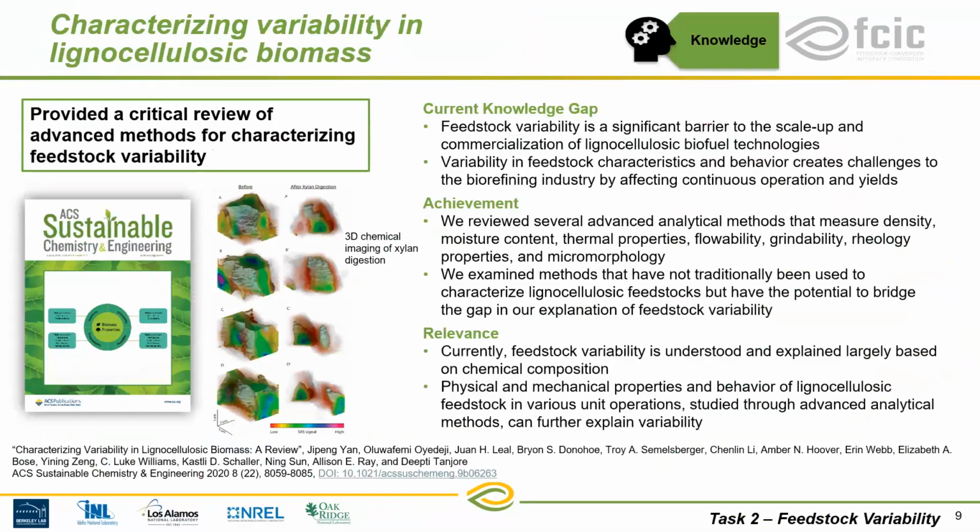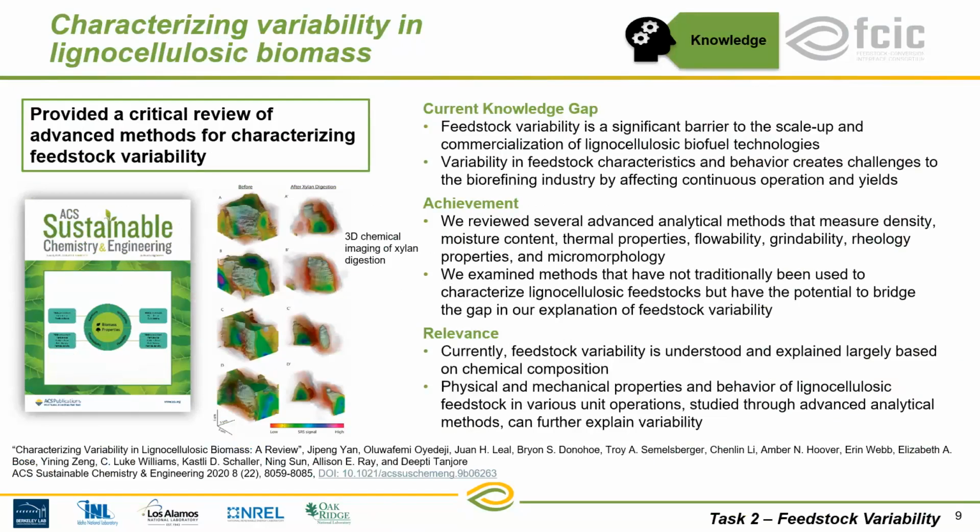Let's start talking about a literature review article that they published earlier this year in a special issue of ACS Sustainable Chemistry and Engineering. This issue highlighted feedstock variability, and researchers from the FCIC have a number of papers in it.